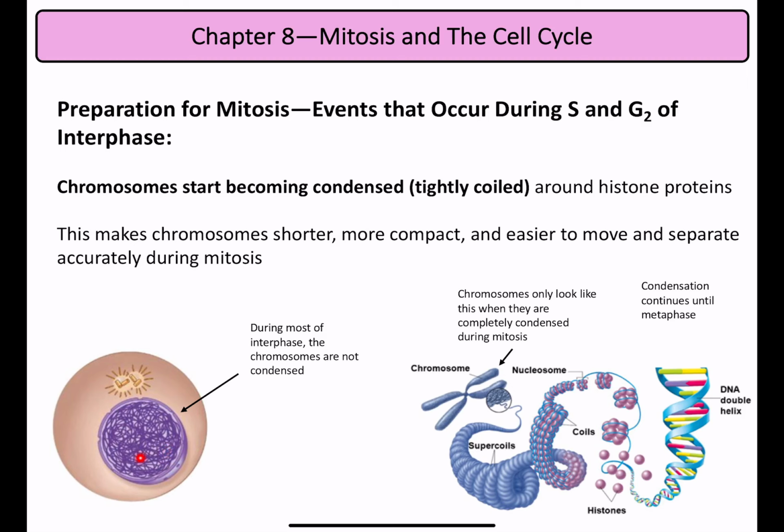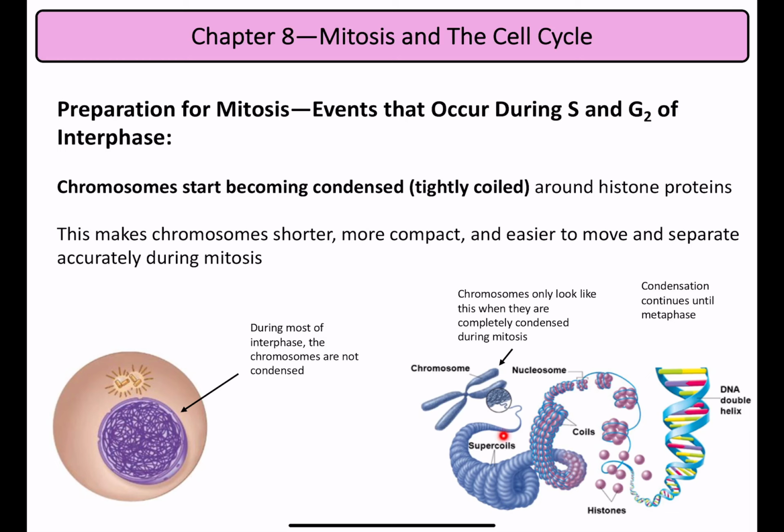It looks like a big bowl of spaghetti, like the DNA is just all over the place, all tangled up. That's because the cell needs to be able to access all of the genes during G1 and S. But as the cell starts to get ready for mitosis, it takes that chromosome and winds it up into that classic chromosome shape that you've seen me draw out.